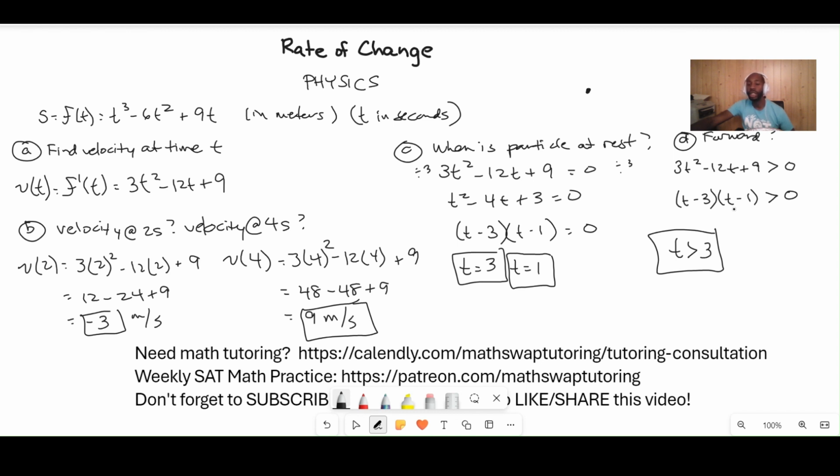So what if you plug in less than 1? If you put in 0, 0 minus 1 is negative 1, 0 minus 3 is negative 3, and a negative times a negative will be positive. If you plug in negative 1, negative 1 minus 1 is negative 2, negative 1 minus 3 is negative 4, negative times negative is positive. So you can actually say that for t less than 1, this is true as well.